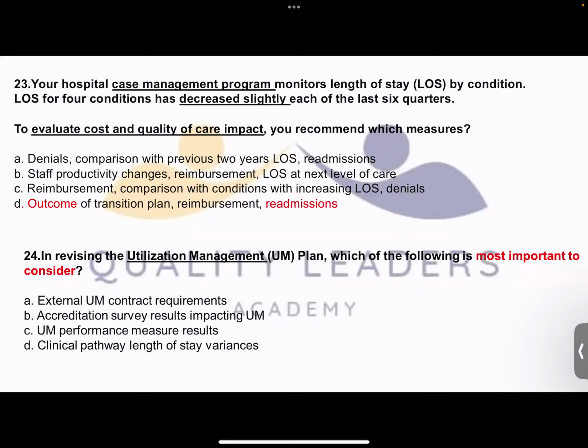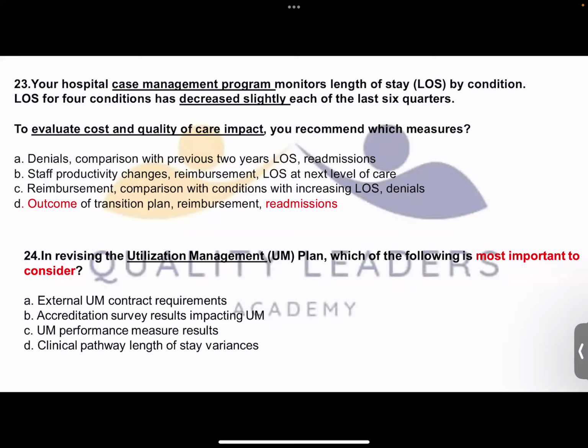What about reimbursement? This tracks the financial implications to determine whether the shorter LOS impacts revenue, either positively or negatively. For readmissions, this measures the effectiveness of care and discharge processes, as high readmission rates often indicate poor care quality or inadequate discharge planning.